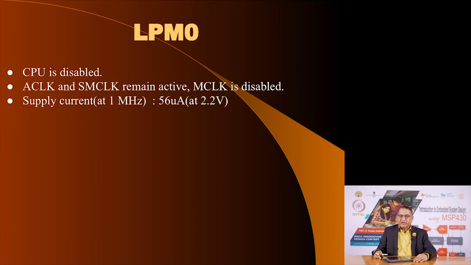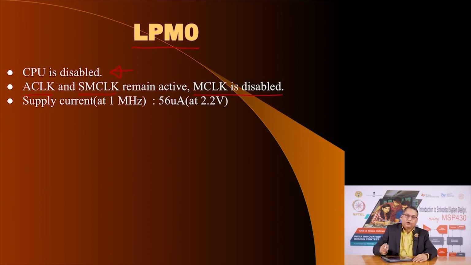If you are not interested in remaining in active mode, then the first low power mode is called LPM0. LPM stands for low power mode. What happens in that? The CPU is disabled, which means you are not executing any program, but depending upon which clock they use, some of the peripherals can continue to work. Why? Because ACLK and SMCLK are active.